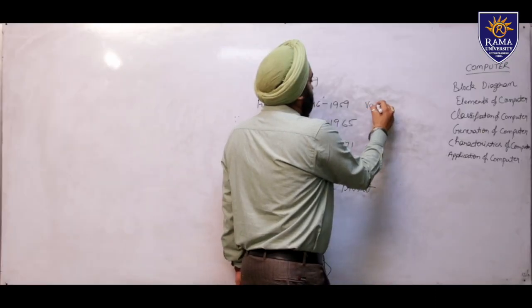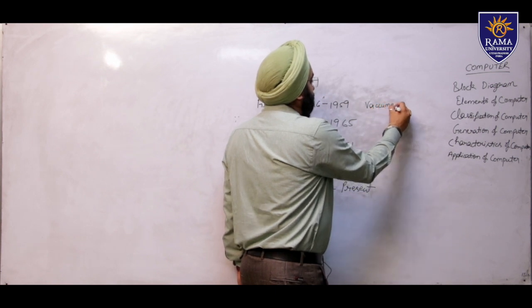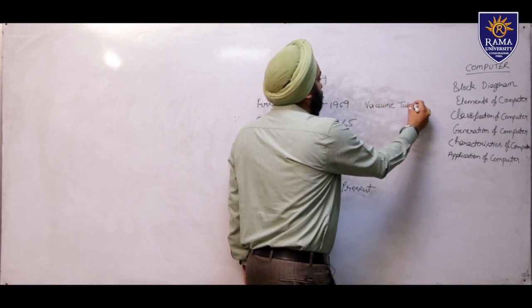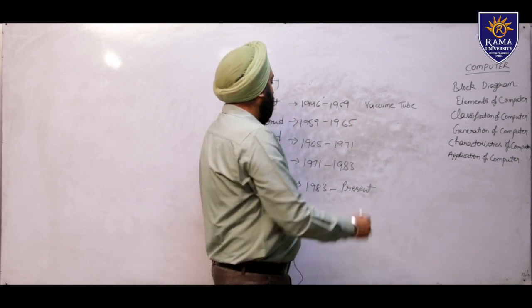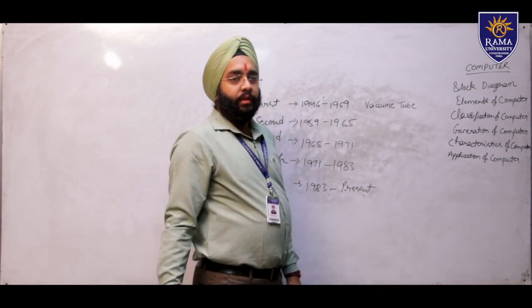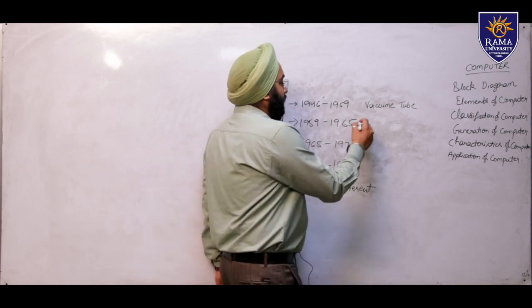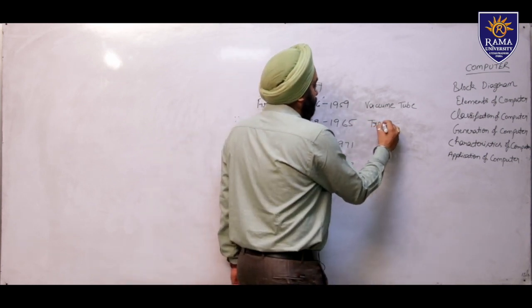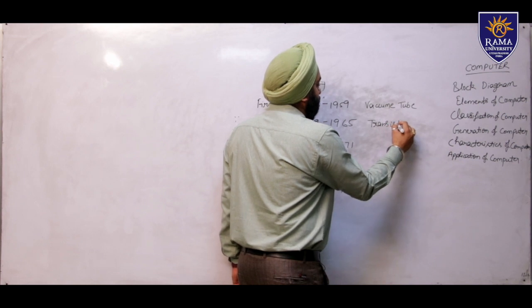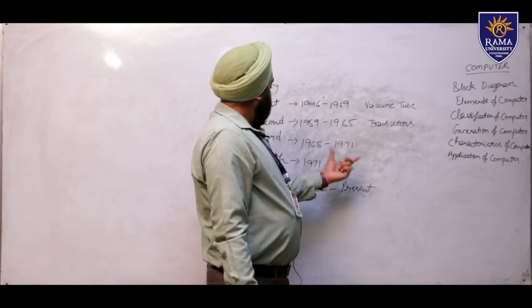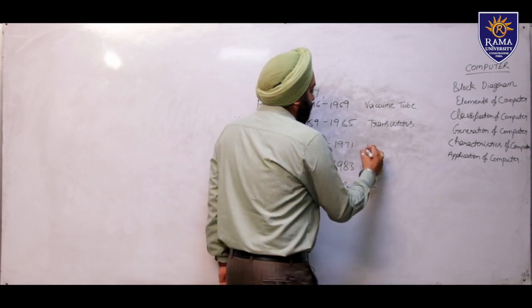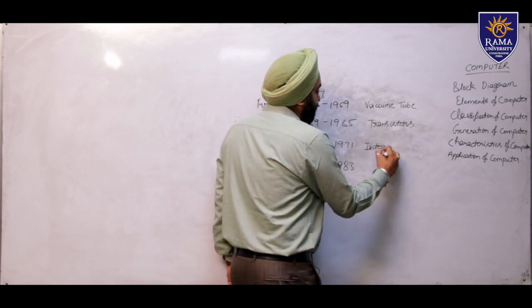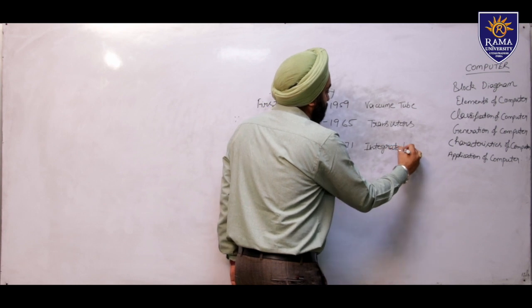The technology used in the first generation is the vacuum tube. This vacuum tube technology was used in first generation computers. From 1959 to 1965, the second generation, the technology used is transistors. The third generation starts from 1965 to 1971, where we use integrated circuits.